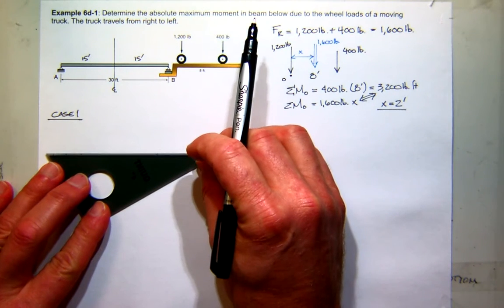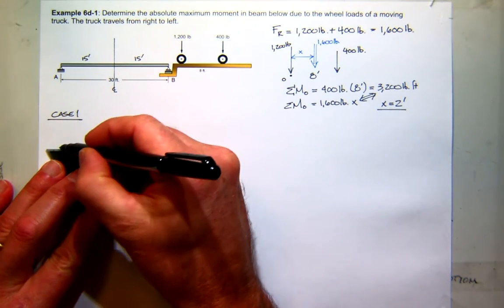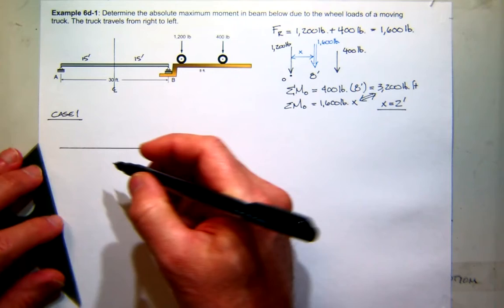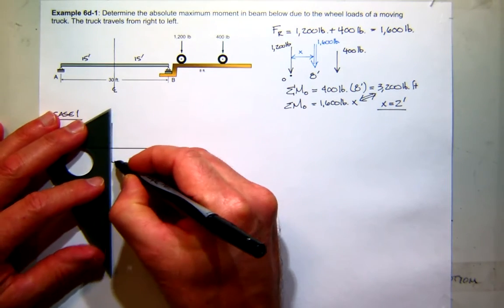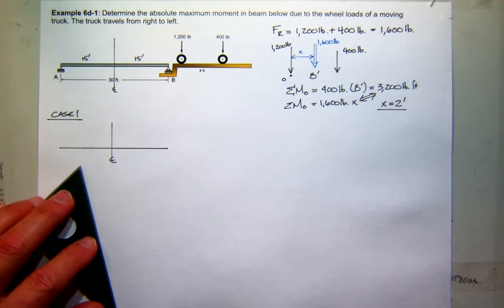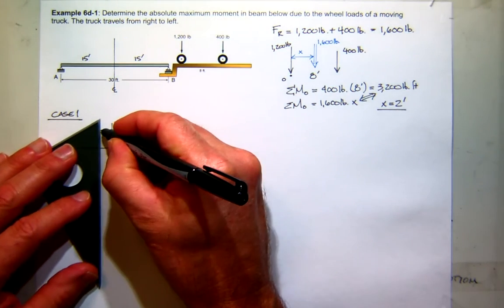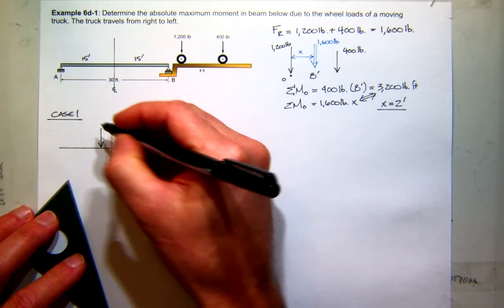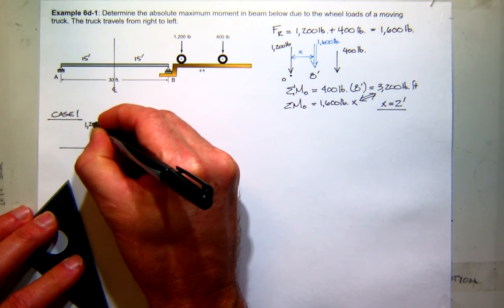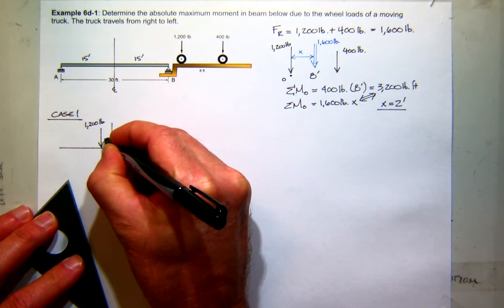So what I like to do is draw the structure and identify the center line. So my first force is here, and that's the 1,200 pound force. And that's 1 foot.